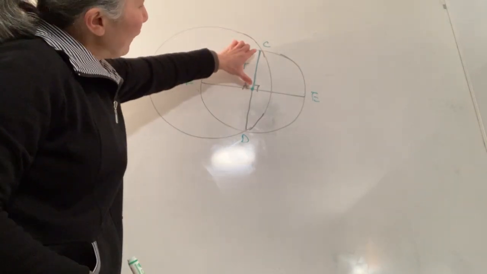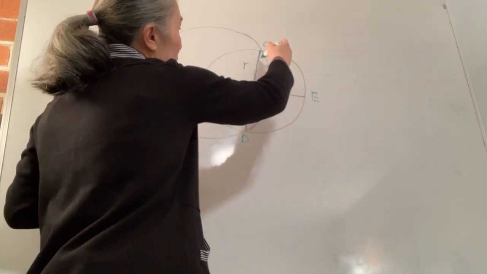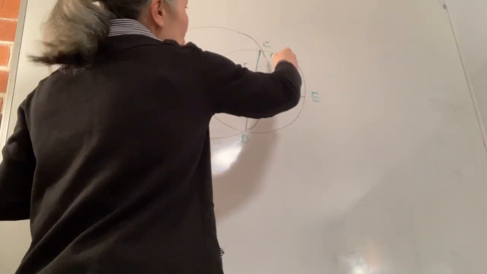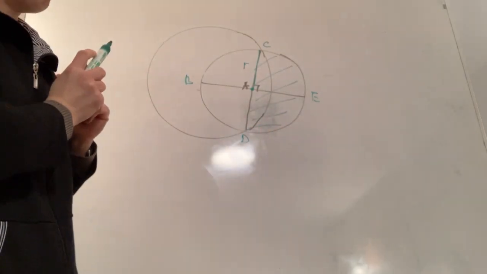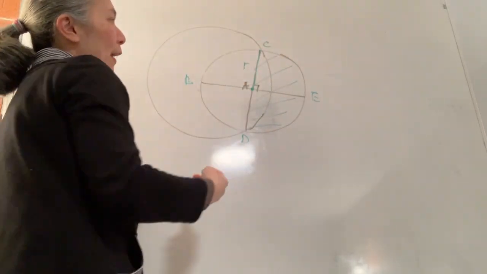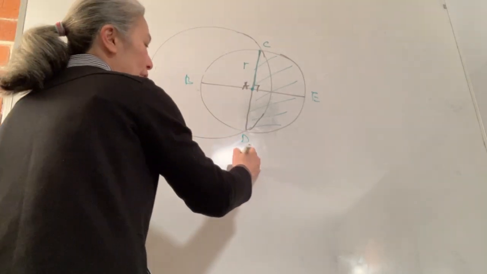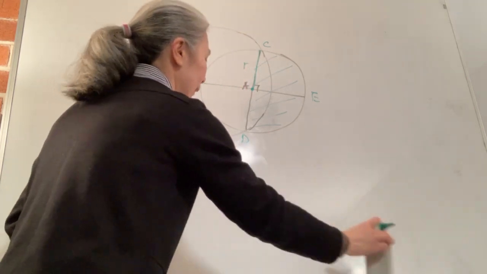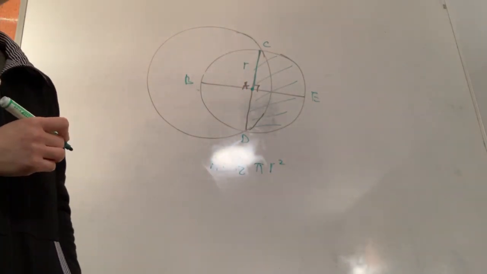You know the radius, and because this is a diameter, that means you're able to find out this area here. Let's find out first. Area will equal a half pi r squared, the area of a semicircle.